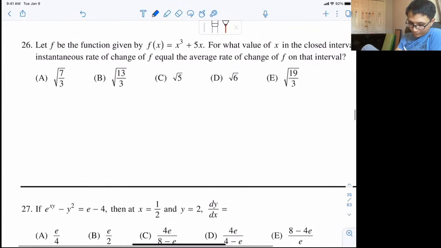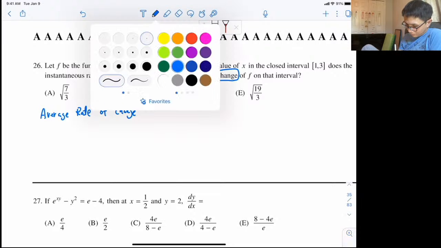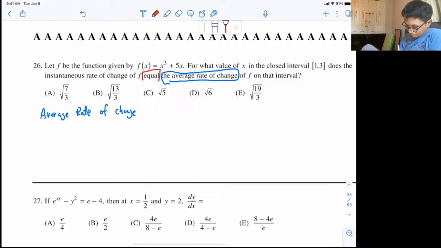So what is average rate of change? Anybody can tell me what average rate of change is? f of a over b minus a. Yeah, do you see that? Average rate of change. Right? And the key word is equal. Equal means equal sign, right?